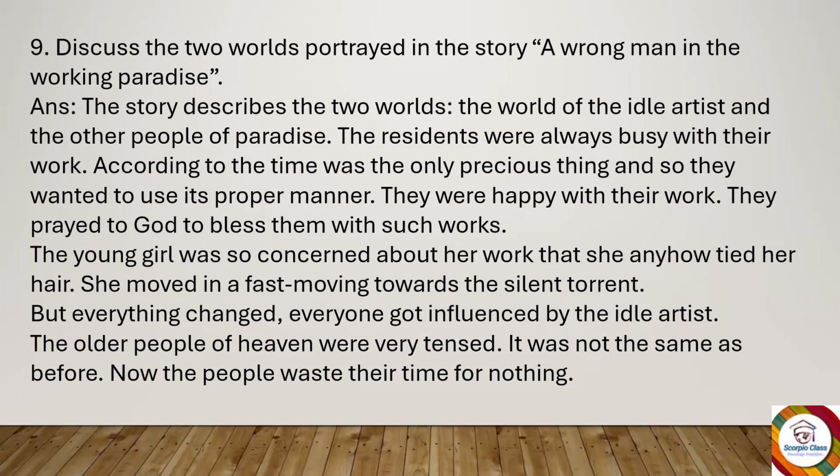According to them, time was the only precious thing and so they wanted to use it in a proper manner. They were happy with their work. They prayed to God to bless them with such works. The young girl was so concerned about her work that she anyhow tied her hair. She moved fast towards the silent torrent.